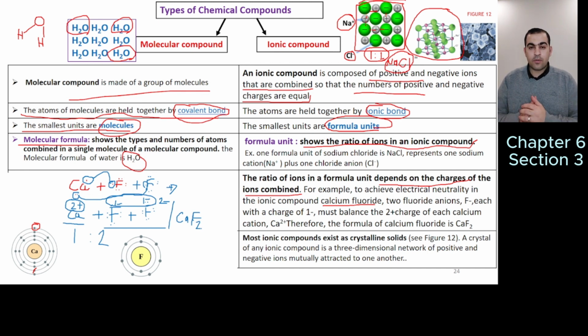This is how we write the formula unit. Why don't we write just 1 calcium and 1 fluorine? Because if we do it like that, charge will not be equal. Charge must be equal. So for each calcium we have 2 fluorine in the ionic compound of calcium fluoride.